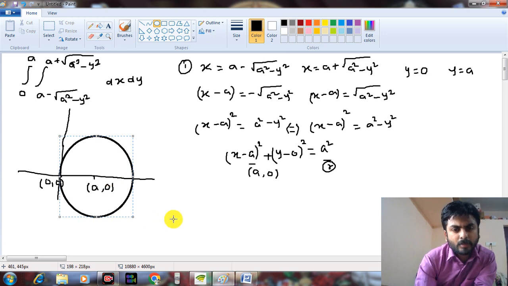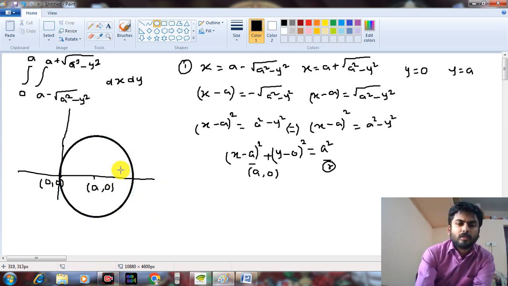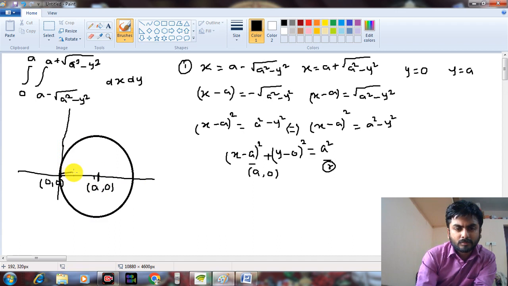If this is the center point a, 0, this distance is the radius and this is equal to a.